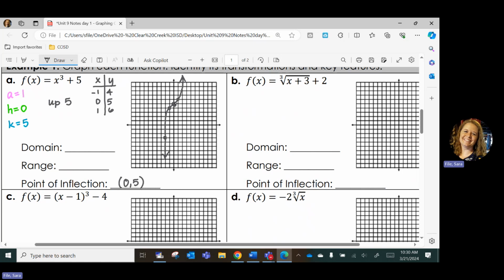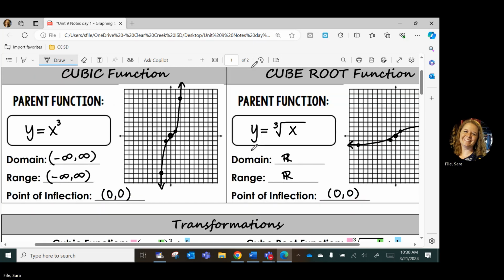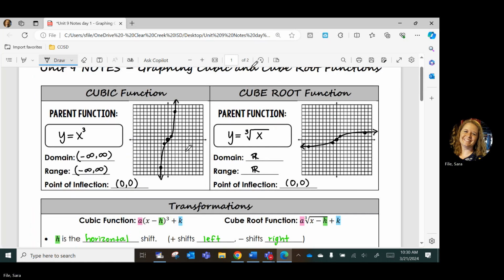Domain and range here. All reals. Let's visualize something with these parent functions real fast before we go on to the next one. Looking at both of these, is there any type of transformation that you think might change the domain or range from all real numbers?